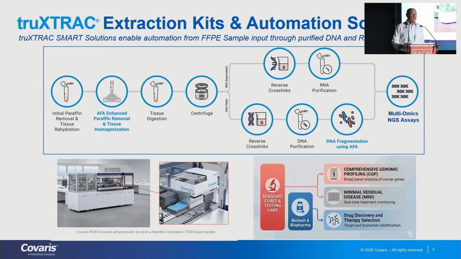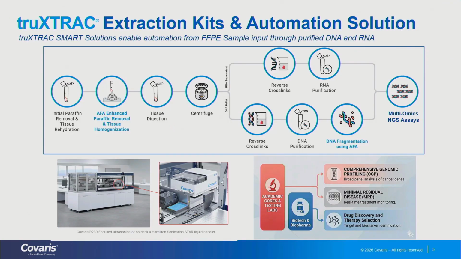But going into the truXTRAC, which is our reagents then for extraction of DNA and RNA from FFPE, this is quite a simple workflow, and we use the ultrasonication device then to emulsify paraffin, which is a big difference from other vendors that have organic solvents for the deparaffinization. So in this step, we use the alpha technology and we emulsify the paraffin, which gets small pieces of the paraffin and the tissue out in an aqueous buffer.